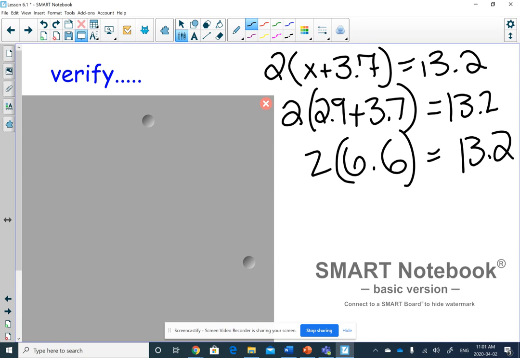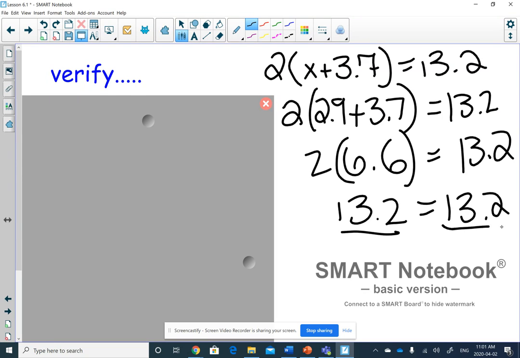Now 6.6 times 2 is 13.2. So if the left side equals the right side, then my answer is right. Because the left-hand side equals the right-hand side, my answer is correct. So that's verifying your answer.